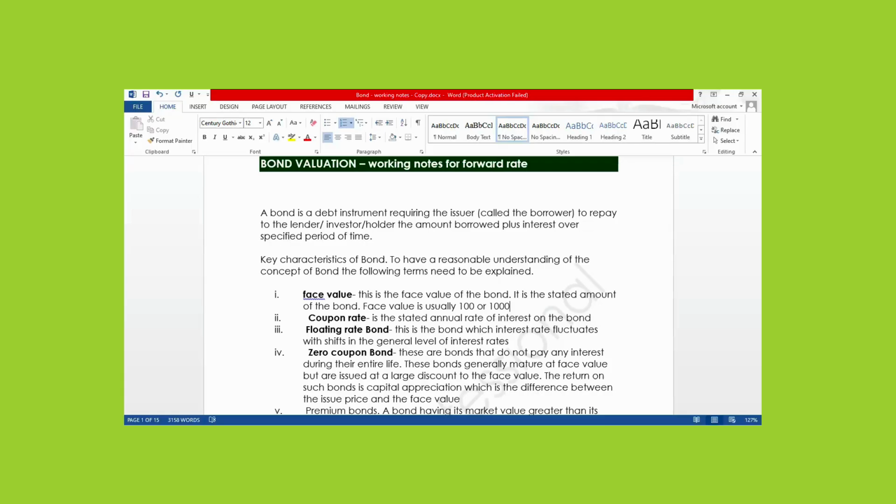The nominal value of a bond is either 100 or 1,000.